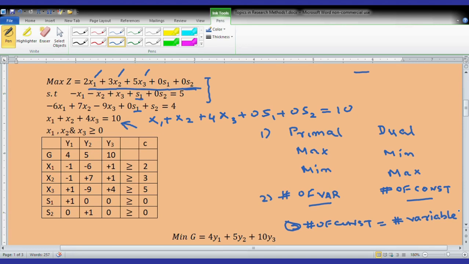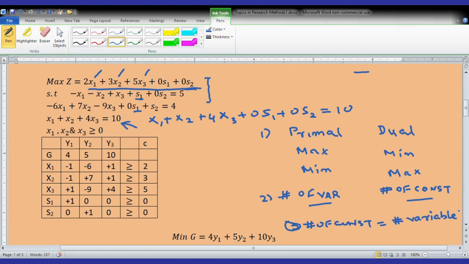See, in our case, in the original problem, we have five variables, and there are three constraints. So if we convert the maximization problem into a minimization problem, the number of constraints equal to 3 in the primal will become equal to the number of variables equal to 3 in the dual.